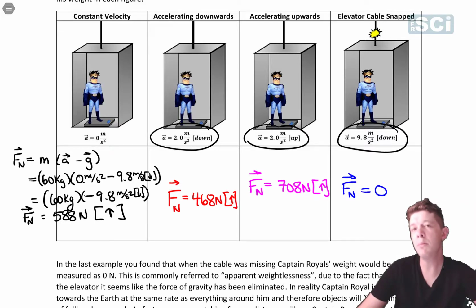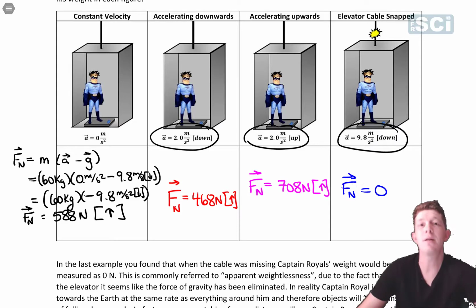So welcome back. What you may have noticed is when the elevator is accelerating downwards with you, you appear to be weighing less. So your normal force actually becomes smaller. Whereas if you were accelerating upwards, your normal force seems to be larger, which makes you feel like you are weighing more.